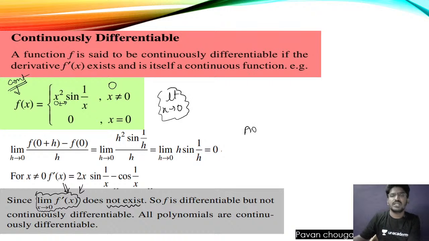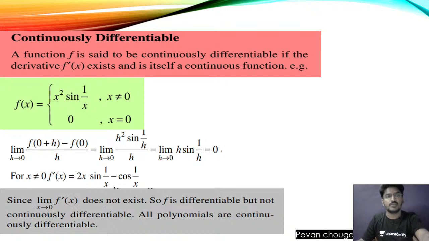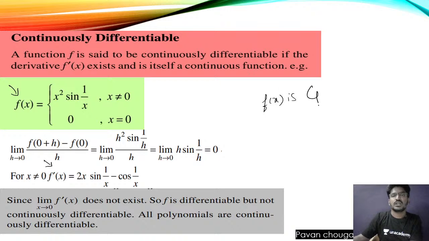That means the limit is not defined. Please be careful. Limit is not defined at, see this point, x equal to 0. That means f of x is continuous, f dash of x is not continuous at x equal to 0.